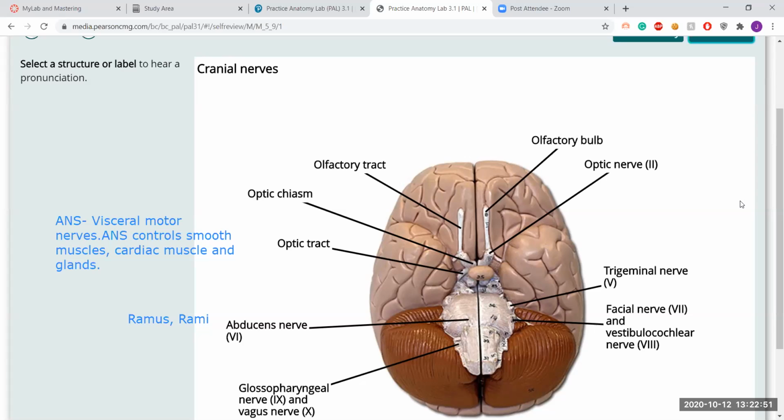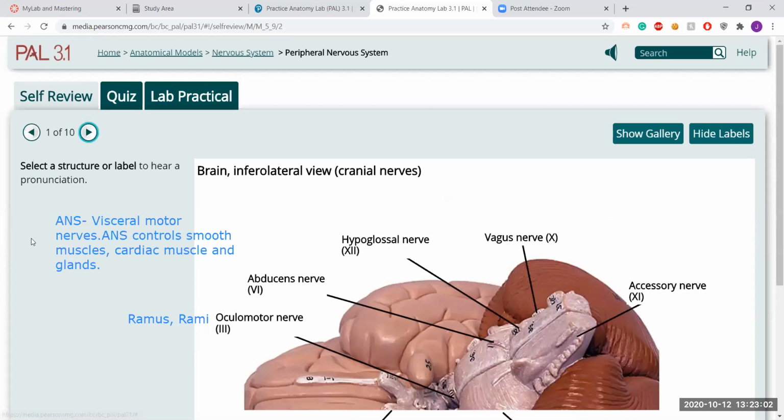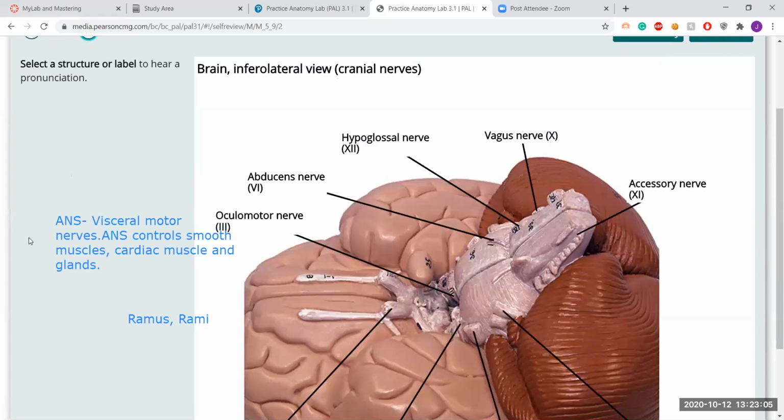Do you have any problem identifying any structure here? Brain, inferolateral view, cranial nerves. So you have to remember the Roman number of these nerves. If I say, write the name of the 12th cranial nerve in the exam, then you have to say hypoglossal nerve.